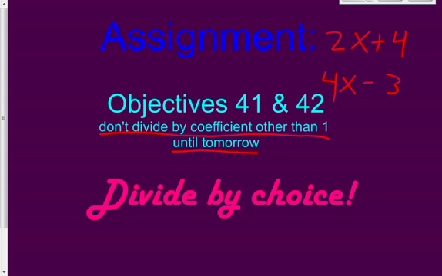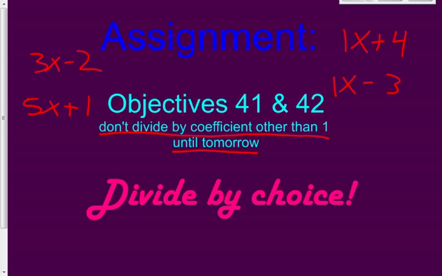Your coefficients have always been 1x. So if you ever see a coefficient other than 1, so if you ever see 3x minus 2 in accelerated math, or if you ever see like 5x plus 1, if you see something like that, don't do that if you've only watched these 3 videos on 5.3.